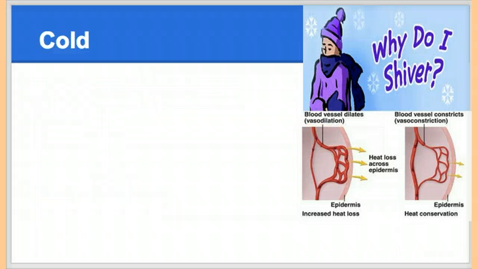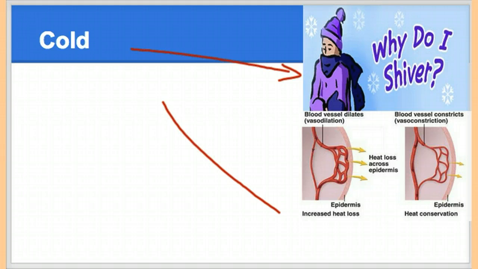So what happens to your body when it's really cold? When your body is cold, it tends to shiver. Shivering is a way that your body tries to produce more and more heat energy and warm you up when it's too cold. Another mechanism that your body uses is that it tends to vasoconstrict.